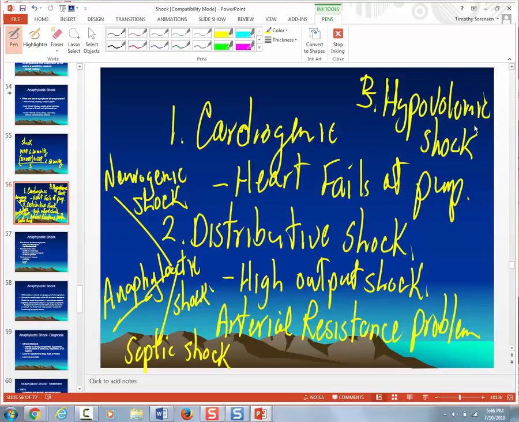In this case, they may or may not be bleeding, but they're losing blood volume. And one of the things that happens in people who have really bad burns over a large area of their body, the reason they die within the first 24 to 48 hours is due to hypovolemic shock.